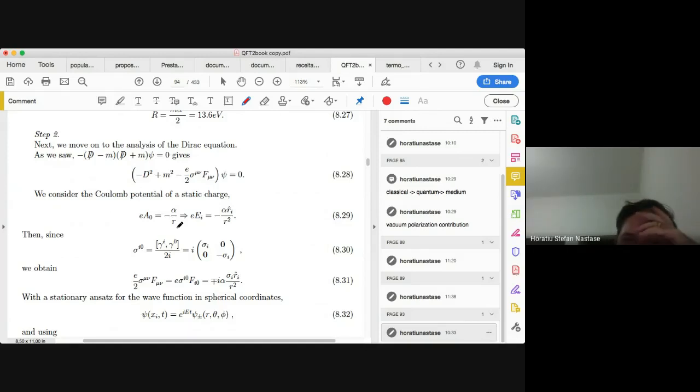From this, you can obtain that the electric field is, as usual, minus alpha times the component i of the unit vector r hat divided by r squared.